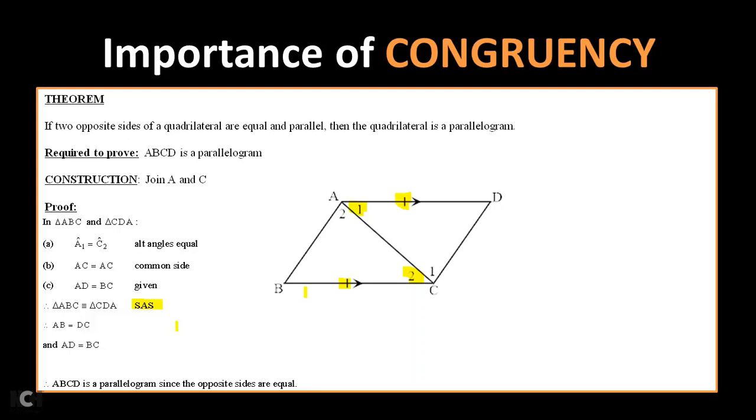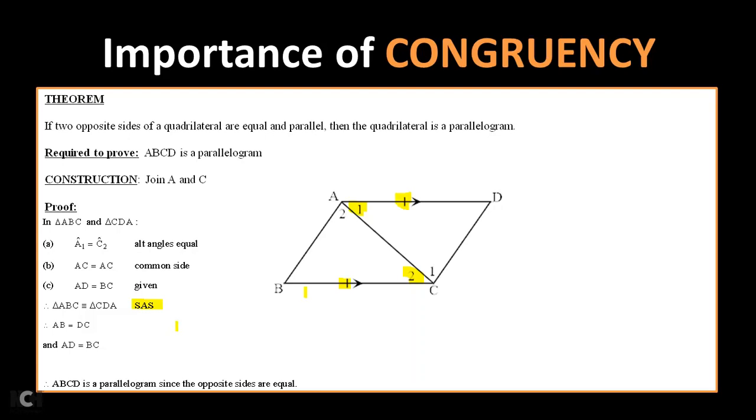So you want to make sure that before we talk about the theorems in grade 11, you really know the cases of congruency and you really know how to prove congruency. Because if you know how to prove congruency, then a lot of things will be easier, especially when we are doing the theorems, because most theorems require congruency.